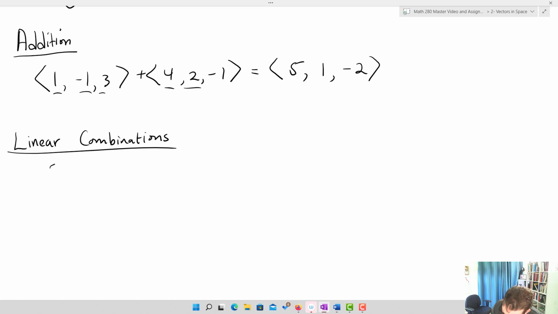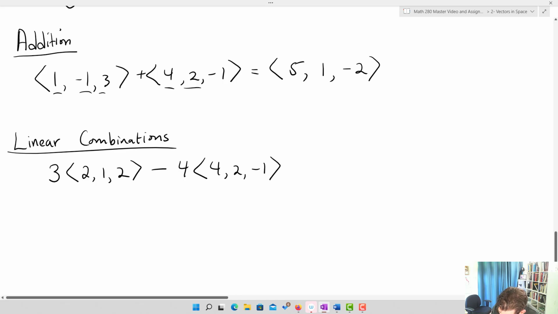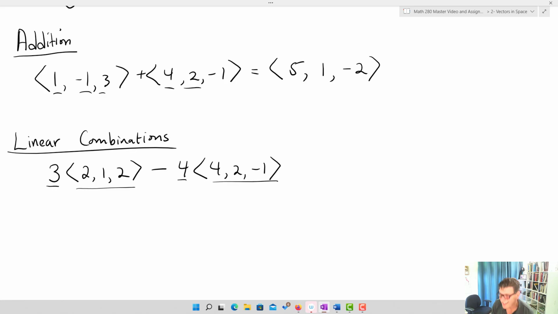Say, for example, I take 3 times 2, 1, 2 minus 4 times 4, 2, negative 1. This is called a linear combination. It's called that because we're multiplying these vectors by scalars and then adding them. I know it looks like a minus, but addition and subtraction are kind of the same thing when we think about them mathematically.